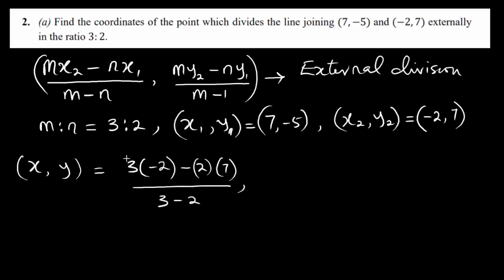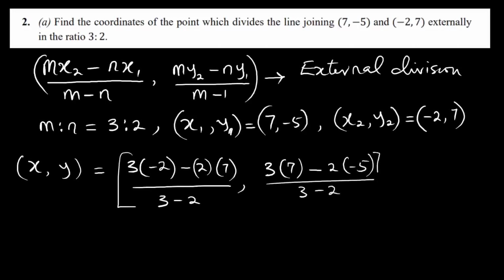Comma, I have here m, which is 3, y2, which is 7, minus n, which is 2, y1, which is -5, all over 3 minus 2.